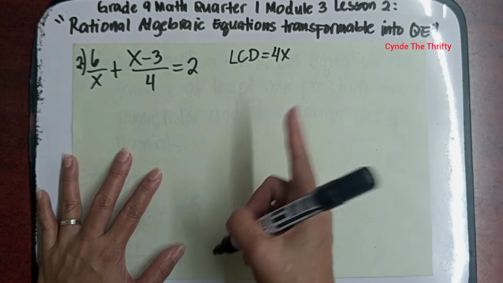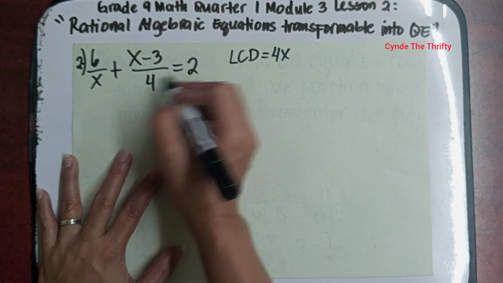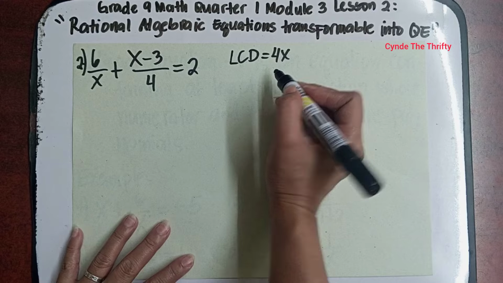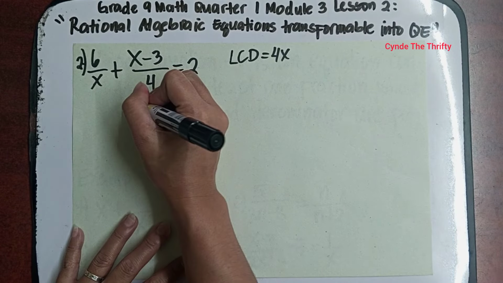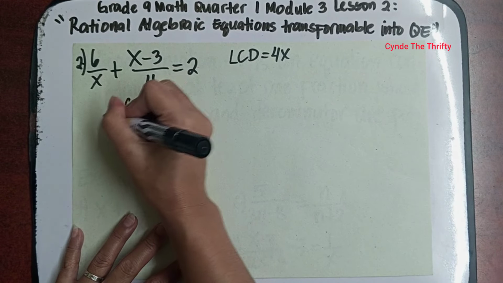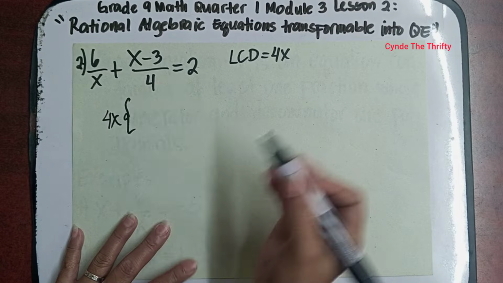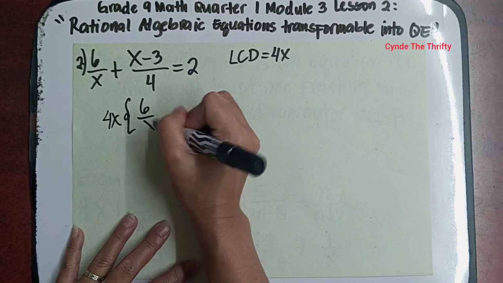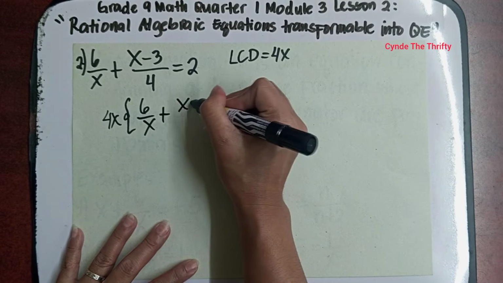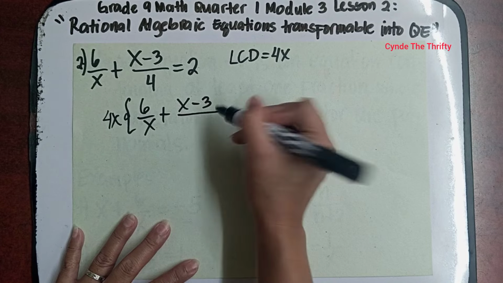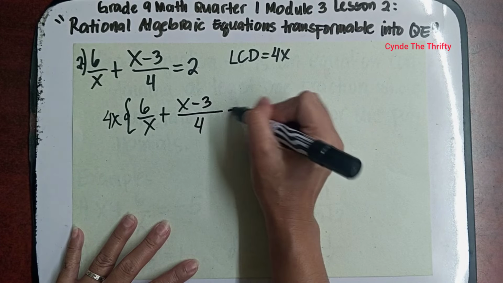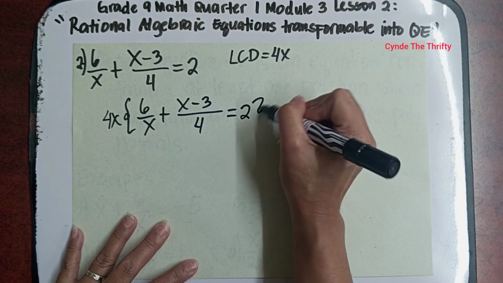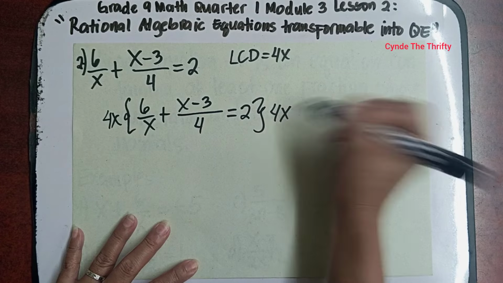Now, ang kasunod na gagawin is i-multiply natin both sides sa ating LCD. Okay, so i-multiply natin siya both sides. So, that is 4x, 6 over x, plus x minus 3 over 4 is equal to 2 multiplied by 4x.